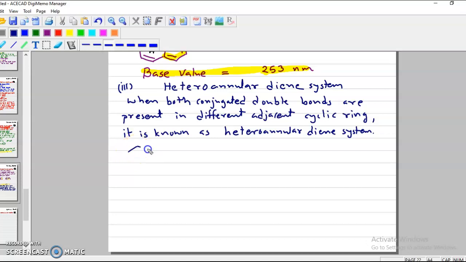Examples: suppose two rings are given. One double bond is present in ring A and another double bond is present in ring B, like this. Both are in alternate positions. This becomes a conjugated diene system, but here this system is called heteroannular diene system. Why? Because both double bonds are in different adjacent rings.